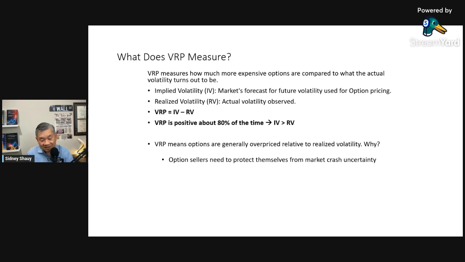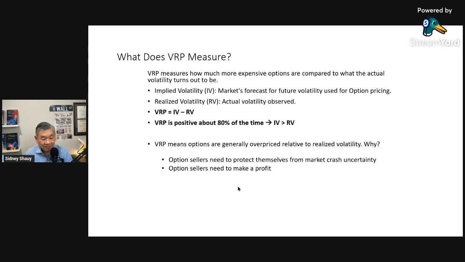But what if there is a market crash? Well, in that case, they will very likely have to pay an amount that exceeds the premium by a lot, right? So that's why they need to protect themselves from this market crash volatility. That's why they need to charge a little extra, and that extra is the VRP.